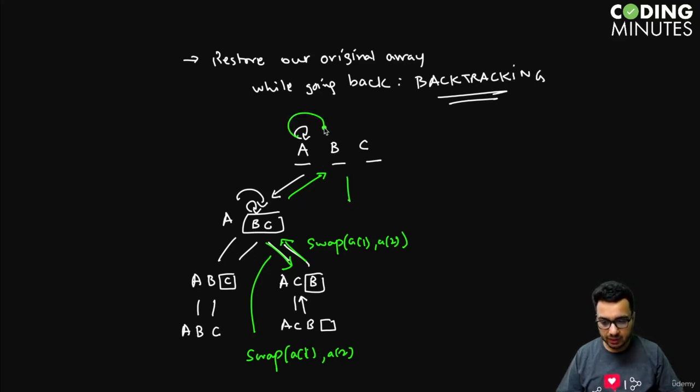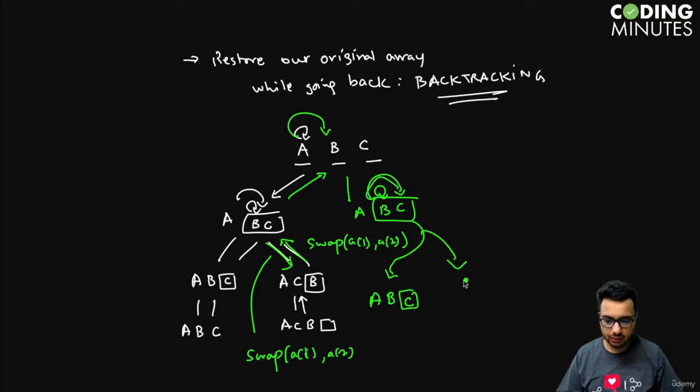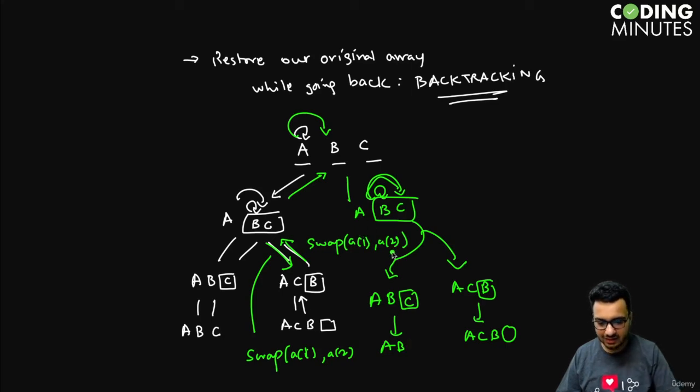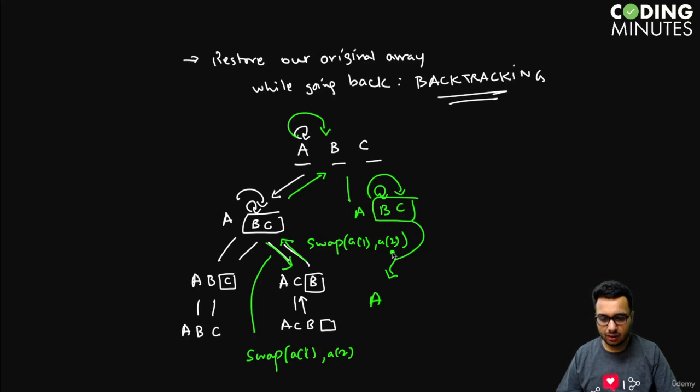Now you replace A with B, and you make a call here. You replace B with B and B with C, it becomes ABC, and this call becomes ACB. Sorry, I just made the wrong diagram here.